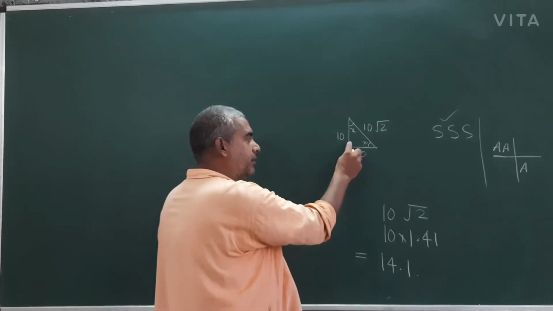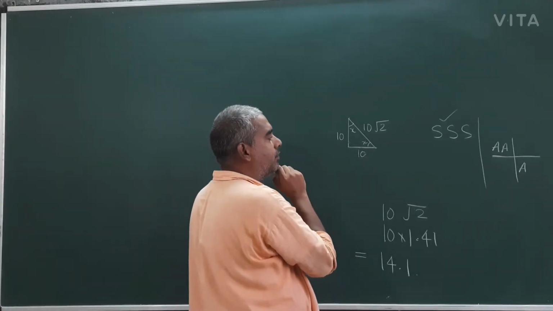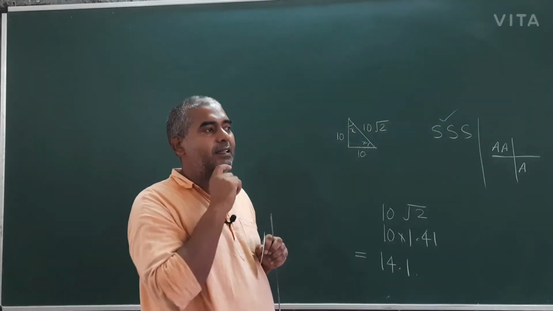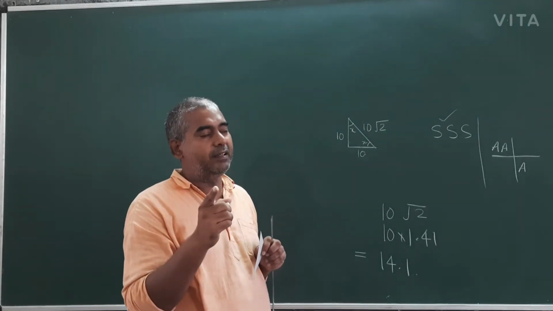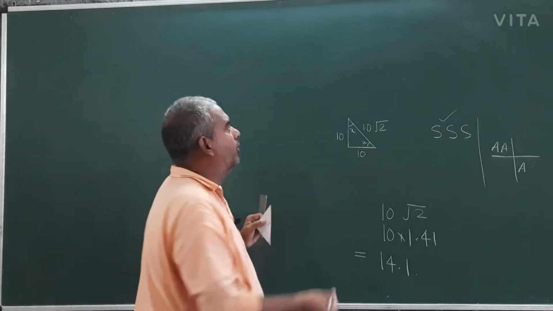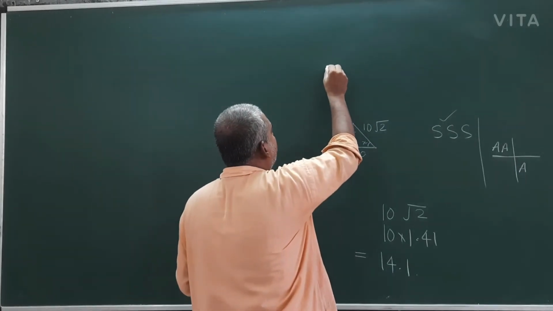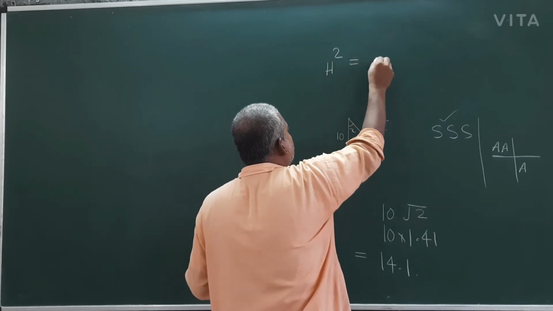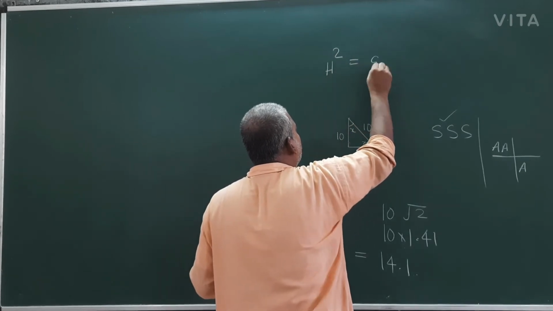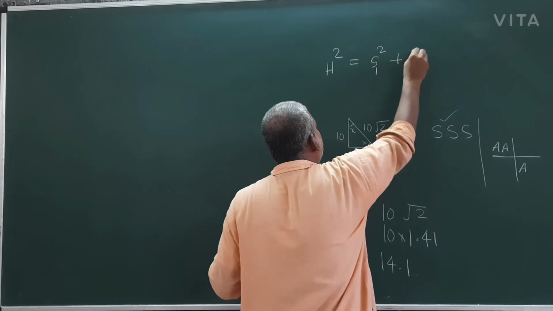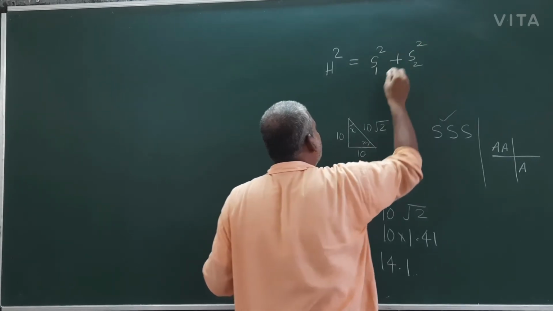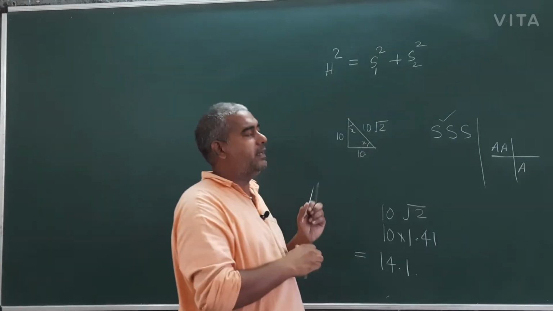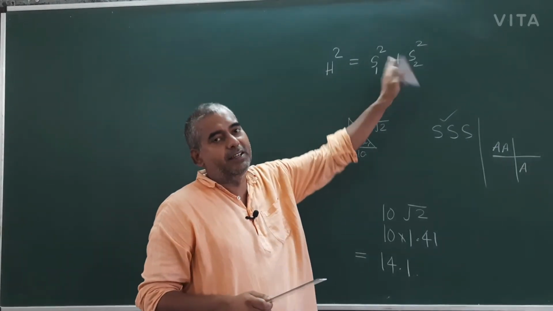Now can we find this one? So again we have a theorem. I think in class 10th you will find, and in class 9th you should know that in any right angle triangle, hypotenuse square is equal to side 1 square plus side 2 square. Sometimes in trigonometry it is known as base and perpendicular, side 1 and side 2.